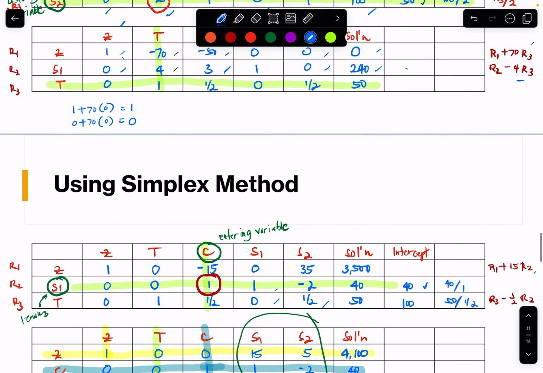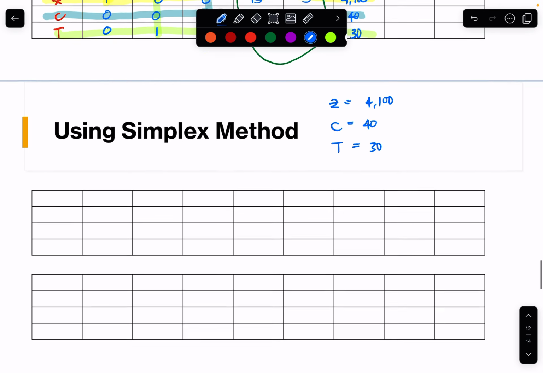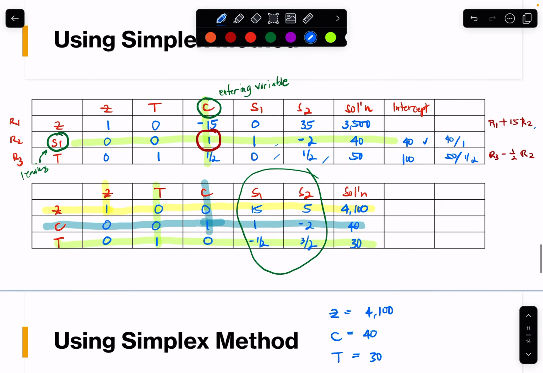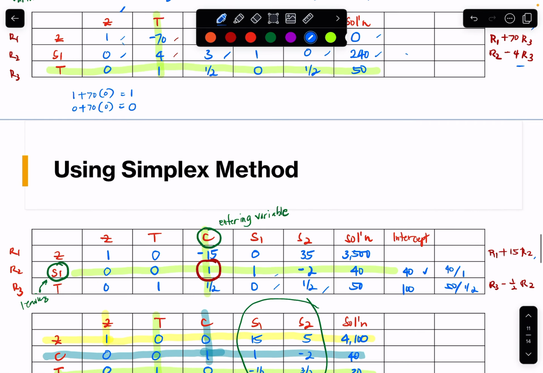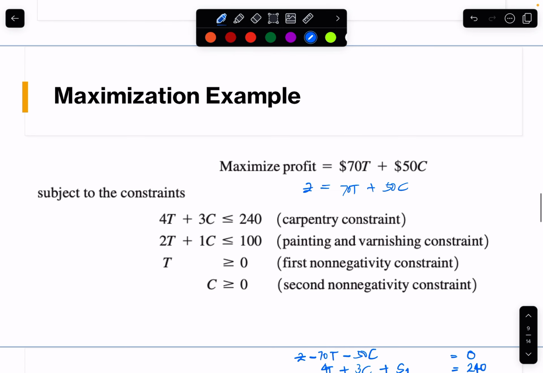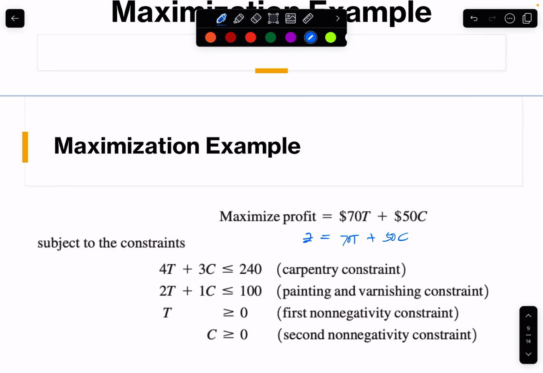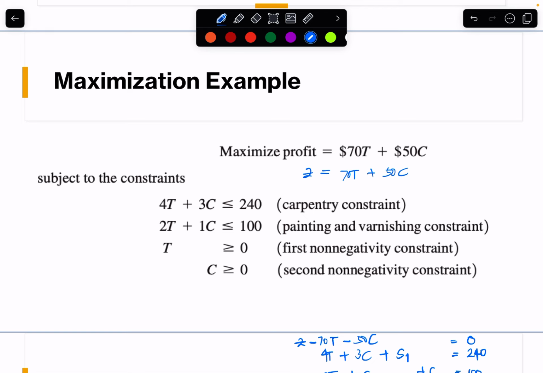In solving linear programming problems, what is needed here is we need to understand how to construct an LP, how to formulate a linear programming model.